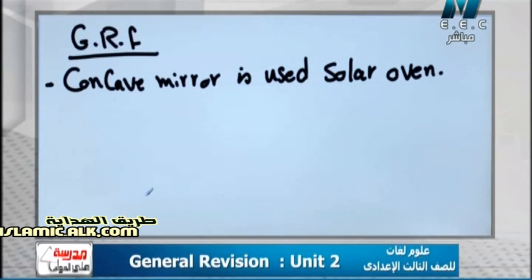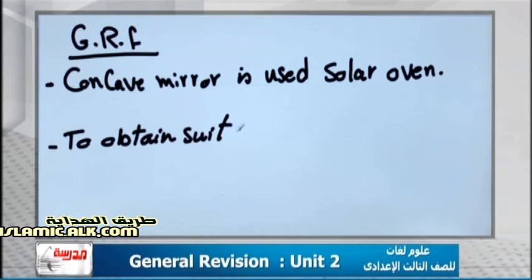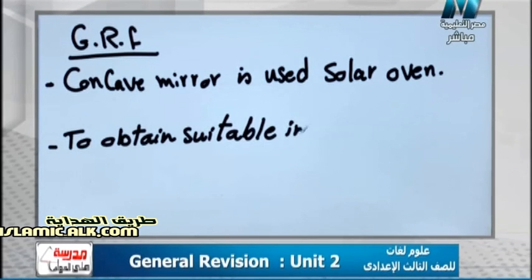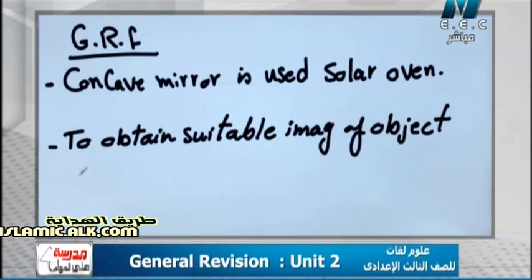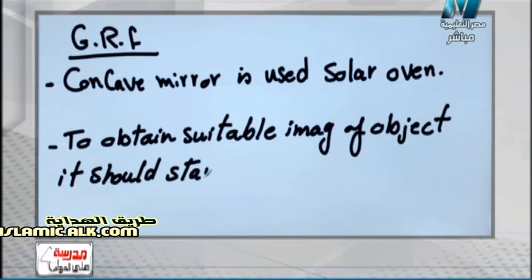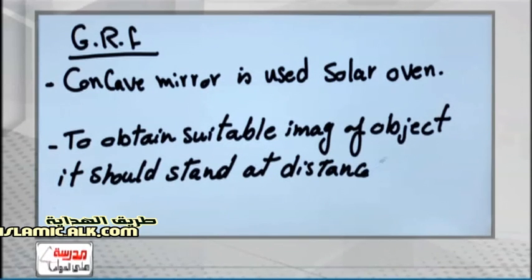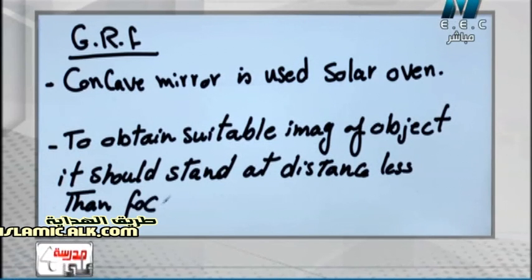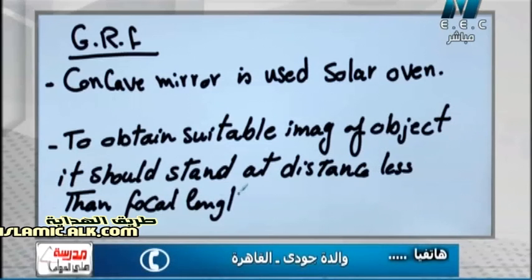Give reason for: to obtain suitable image on object, it should stand at distance less than focal length in front of.